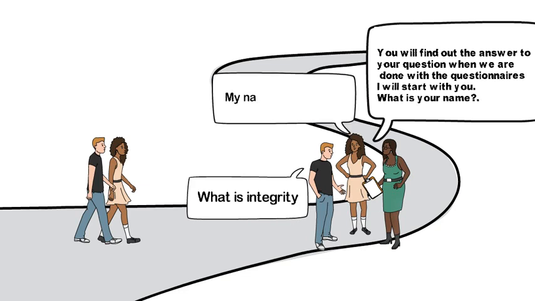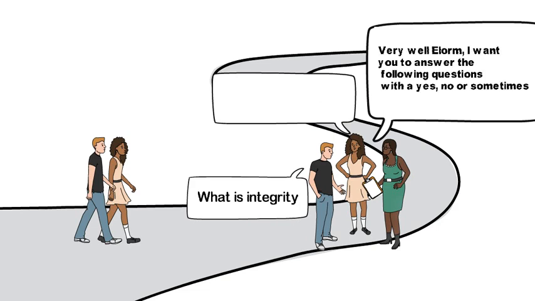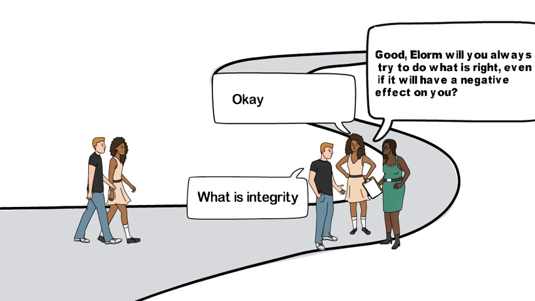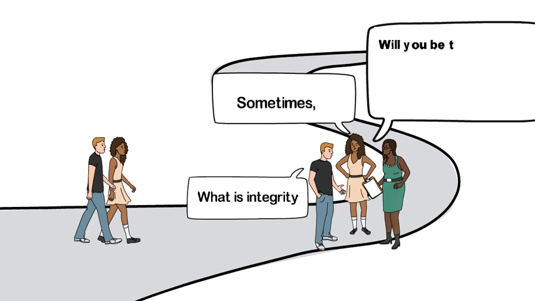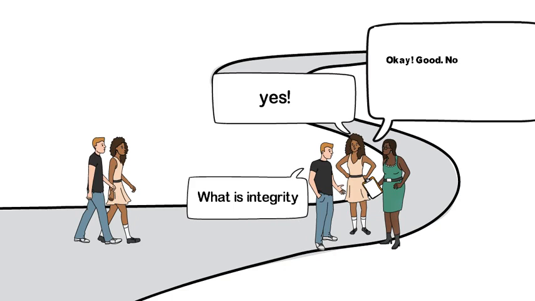What is your name? My name is Elom. Very well, Elom. I want you to answer the following questions with a yes, no, or sometimes. Okay. Good. Elom, will you always try to do what is right, even if it will have a negative effect on you? Sometimes. Will you be true to your values? Yes, I will. Will you live up to the highest standards of ethical behavior? Yes. Okay, good.